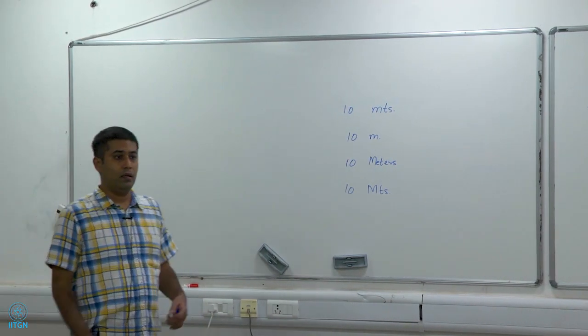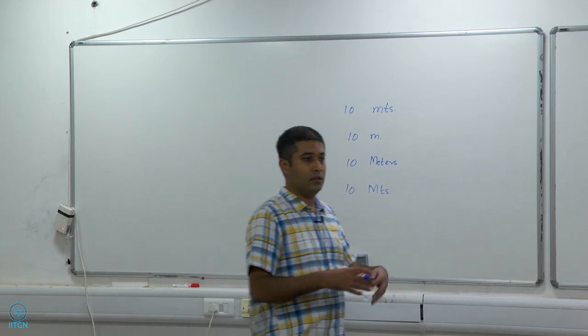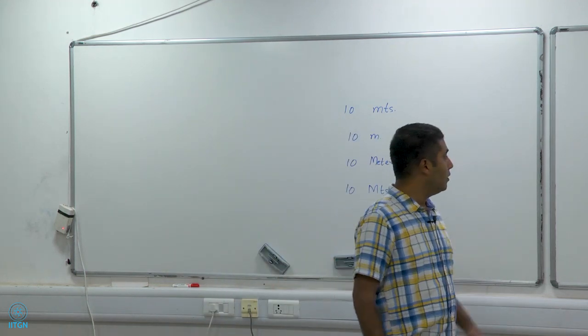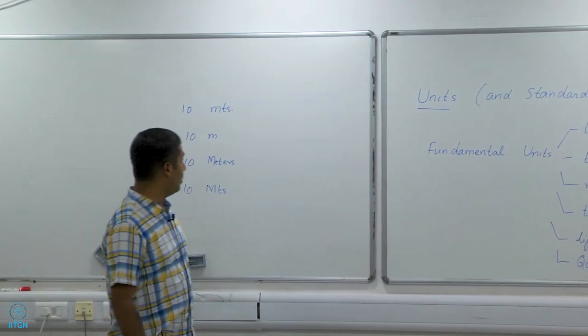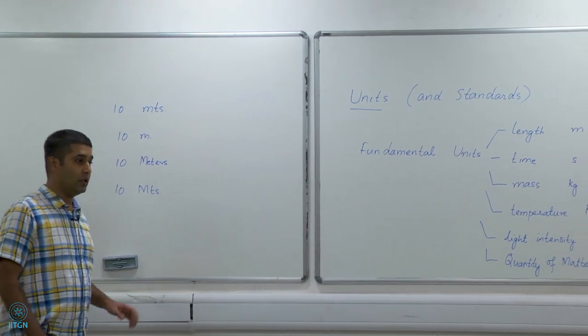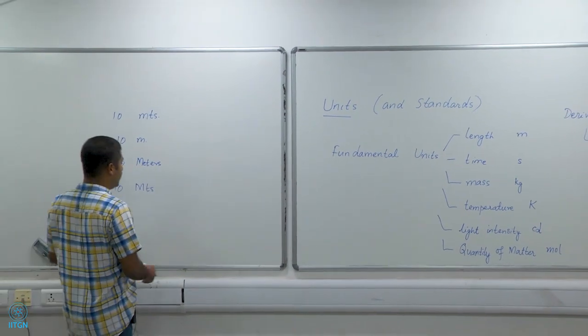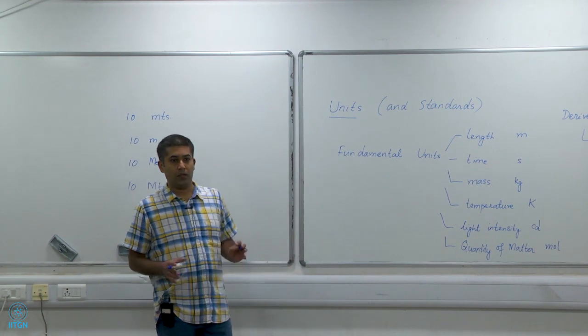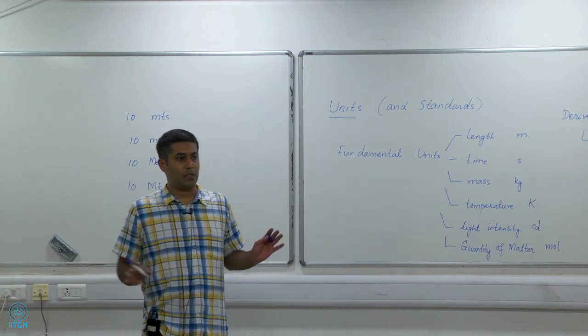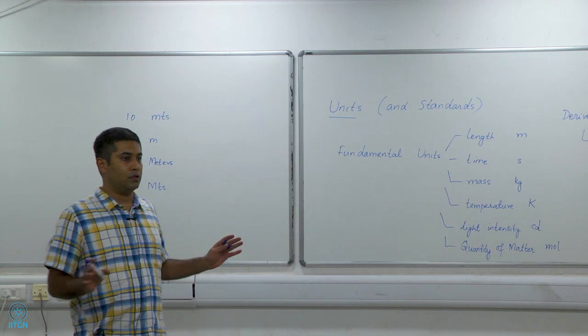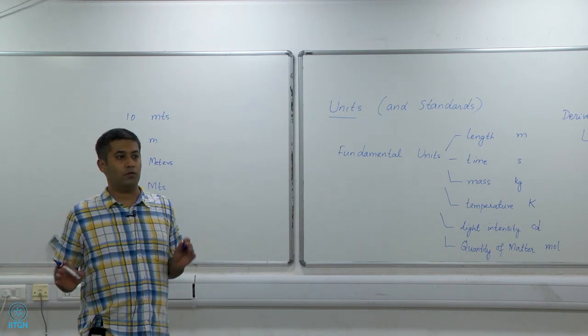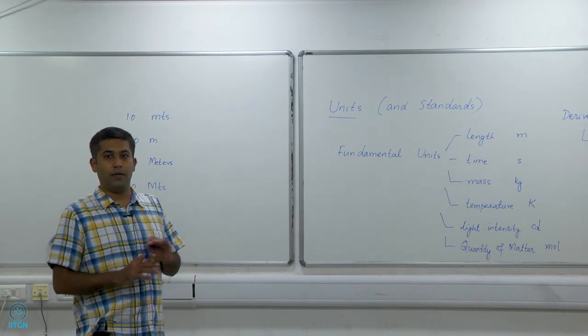Sometimes you may understand based on the context what they actually mean, but sometimes it also leads to confusion. And so, as engineers, we must write things precisely, especially units. We cannot afford to have confusion in how to write units, because then we will never get anywhere.